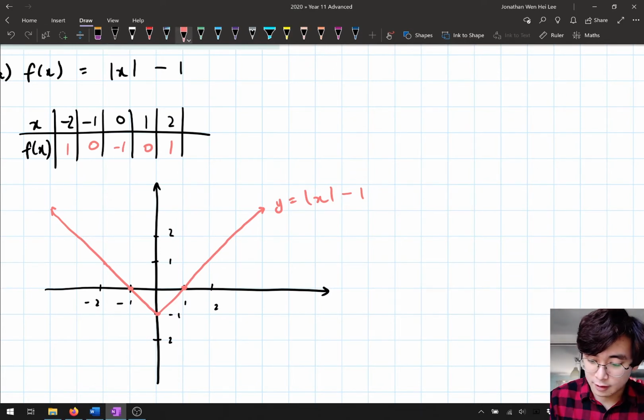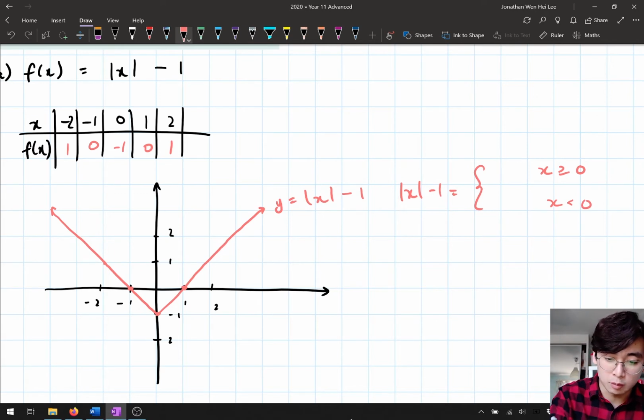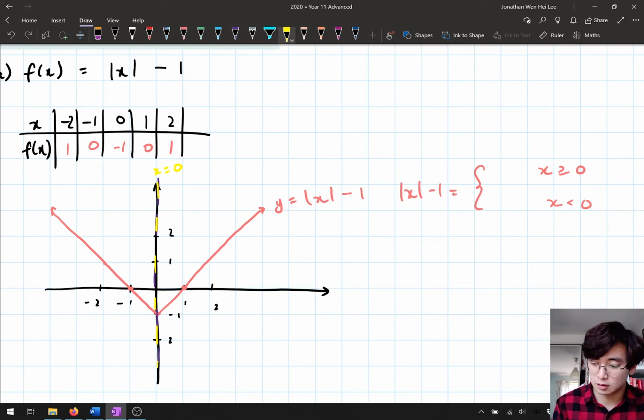So here I'm going to have absolute value of x, minus 1, is equal to, it's when x is greater than or equal to 0, or x is less than 0, which is this middle point. This is where that V happens. That V happens along that line, which is x is equal to 0. And so my condition is going to be x is either greater than or less than 0. The equation of the line on the right-hand side, well, I'm just looking at the positive version of my absolute value, but it doesn't actually change my -1.